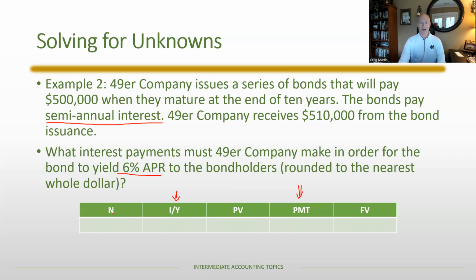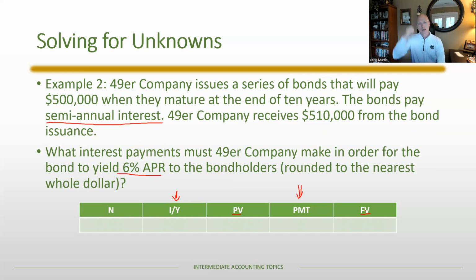When I talk about my N, I'm talking about the number of semi-annual periods. When I talk about my I/Y, I want the semi-annual rate. Now, the nice thing about PV and FV is there's no such thing as a semi-annual PV or FV. They just are what they are. It's a one-time lump sum.